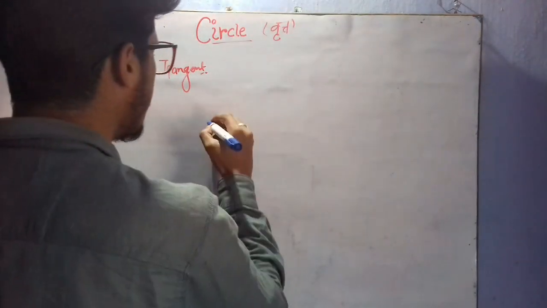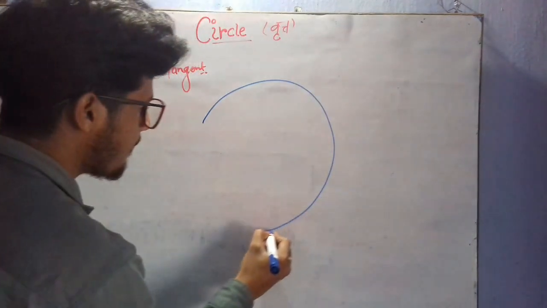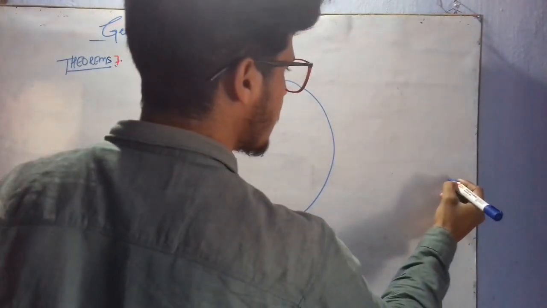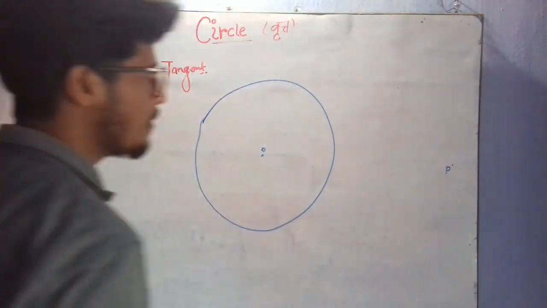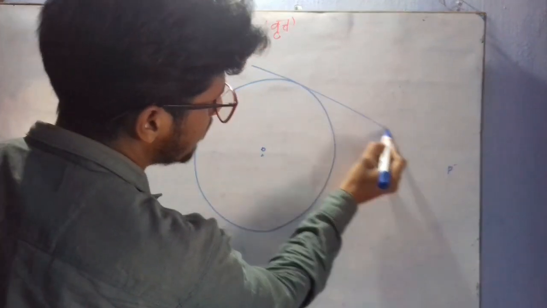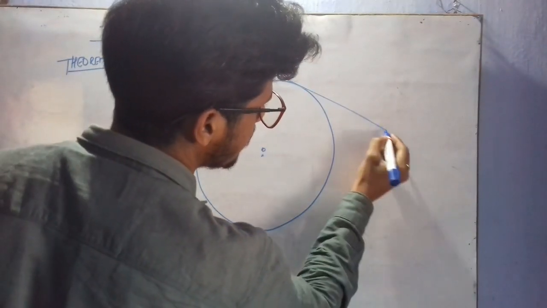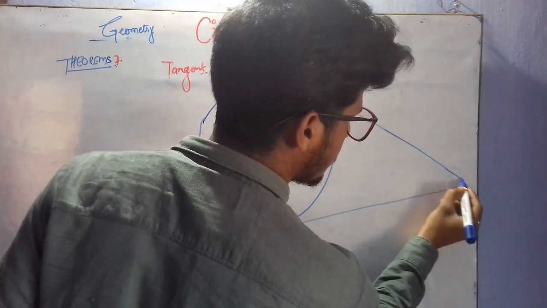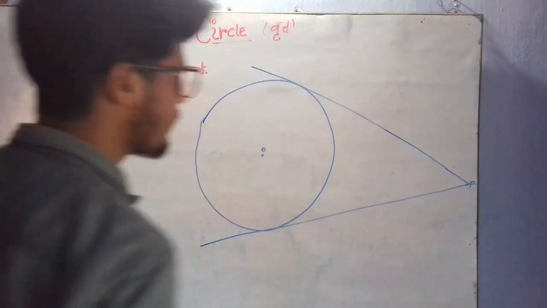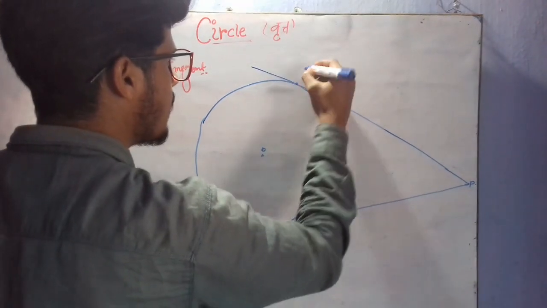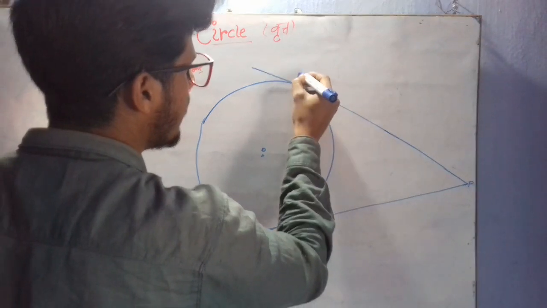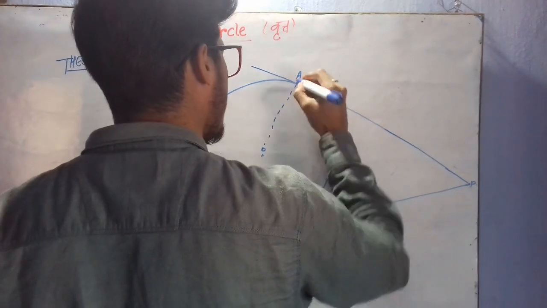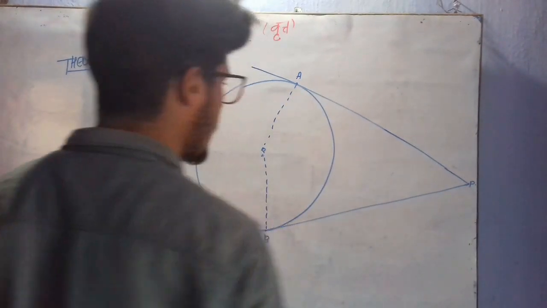If we draw a circle over here, let's take center O. Let's take another point P over here, and meet the point P. This is A and the point is B. Let's join them, OA and OB.